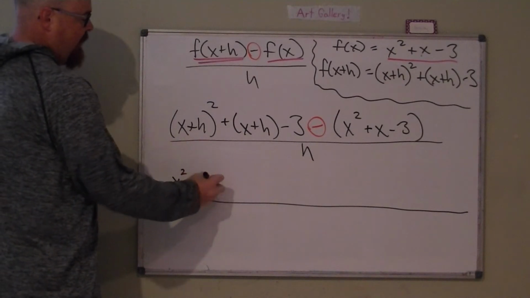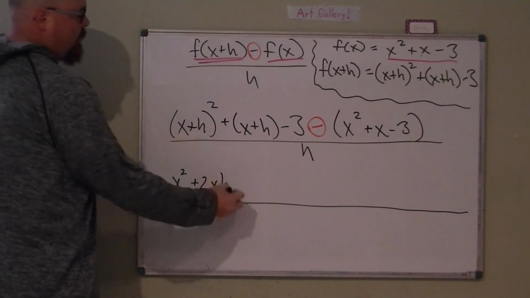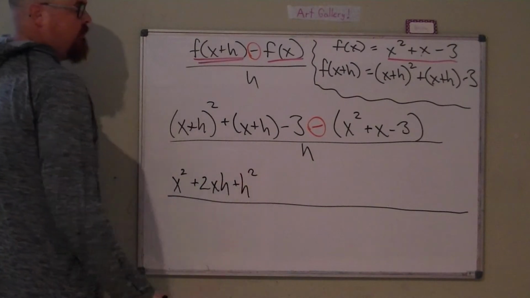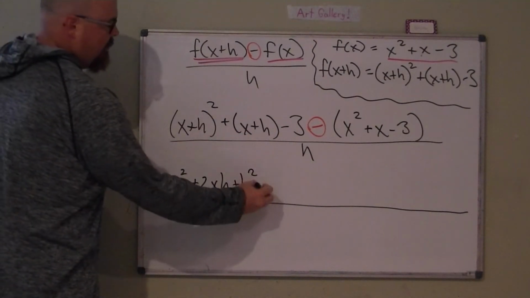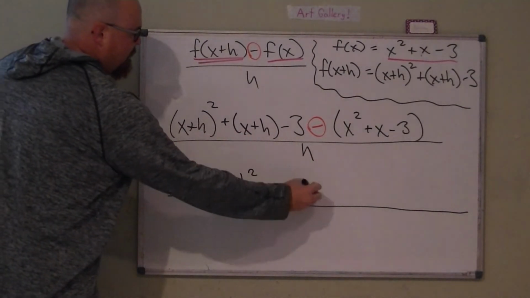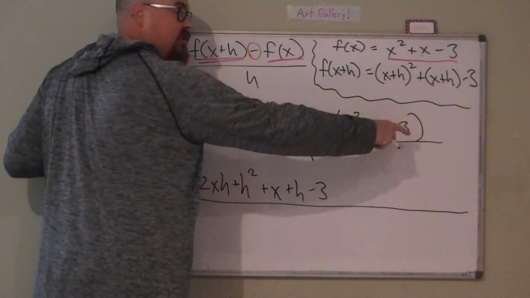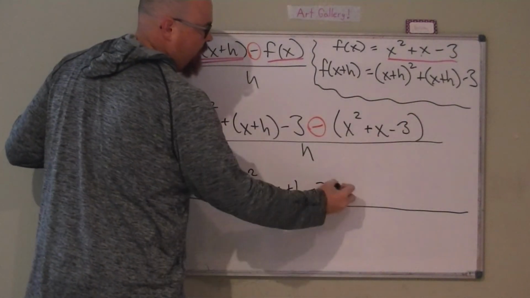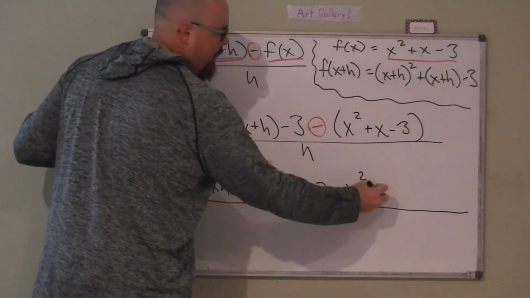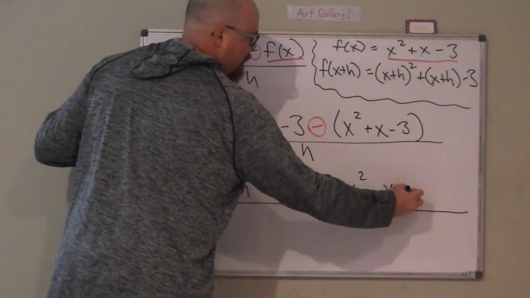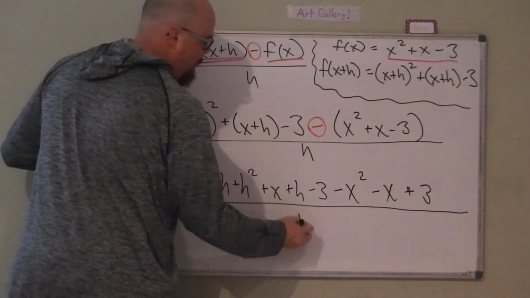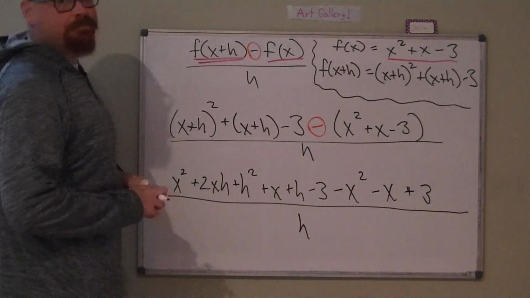We double that, we get 2xh. Then we square this term. That's h squared. We've got plus x plus h minus 3. Now because I'm subtracting this and I put parentheses around it, I have to subtract every term over here. Minus x squared minus x plus 3. And that's all over h.